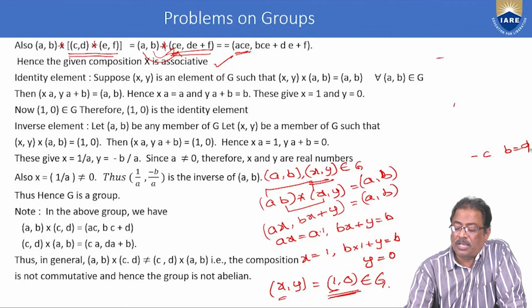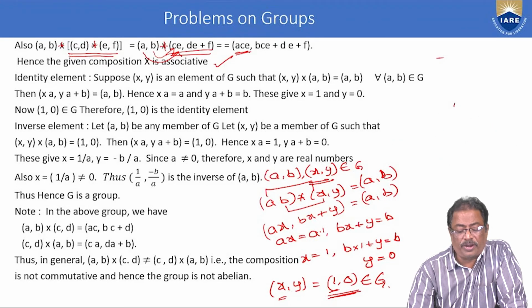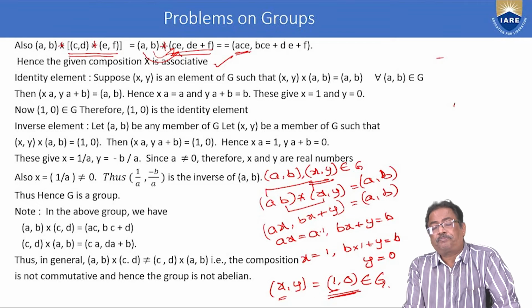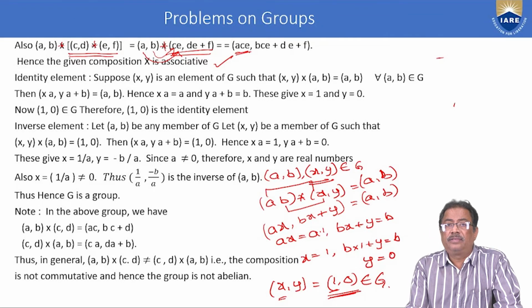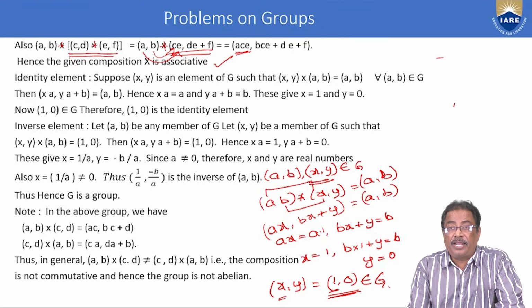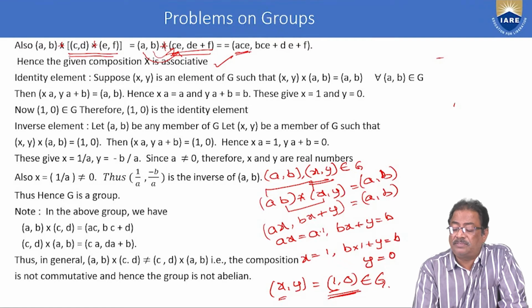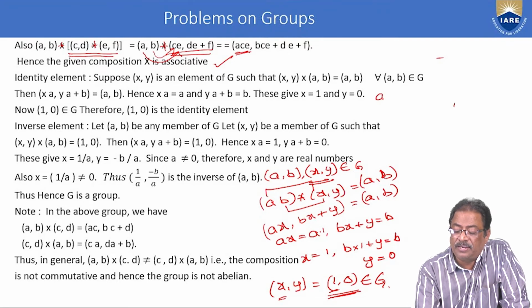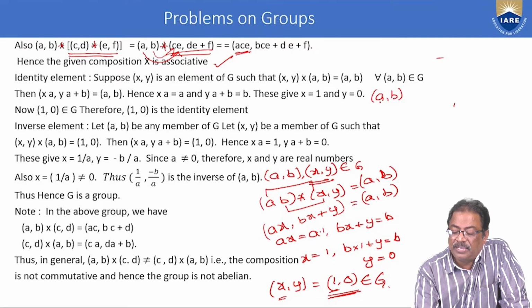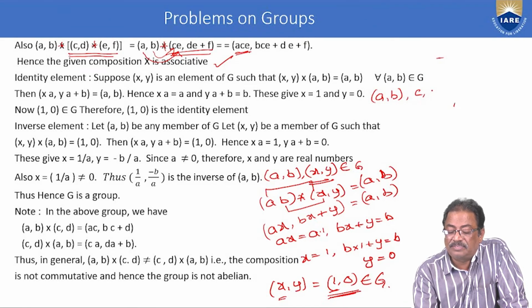Now we are going to find the inverse of an ordered pair. What is the inverse of an element of G? A G element means an ordered pair. So let us consider (A, B) as an element in G. Its inverse, let us consider it as (C, D).